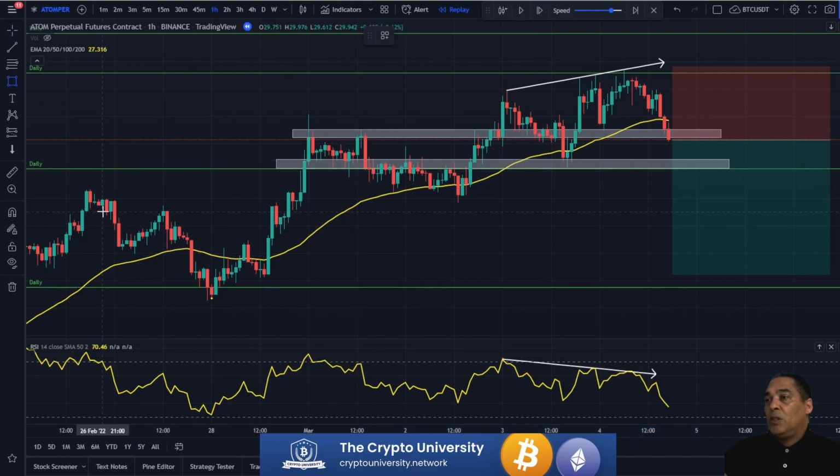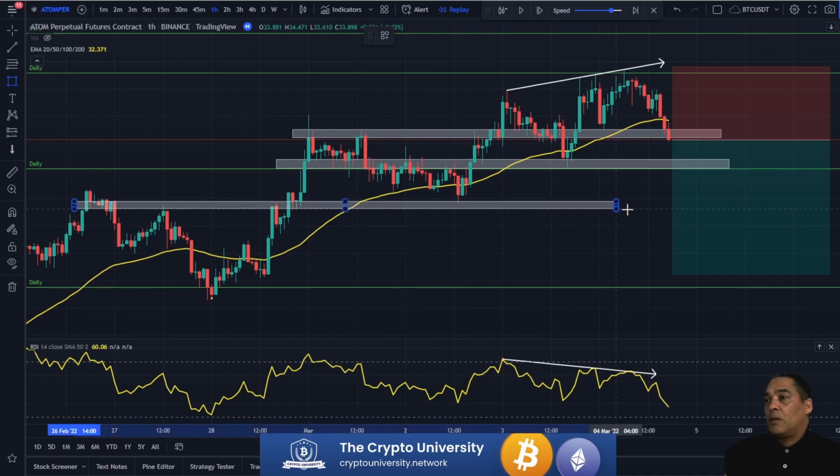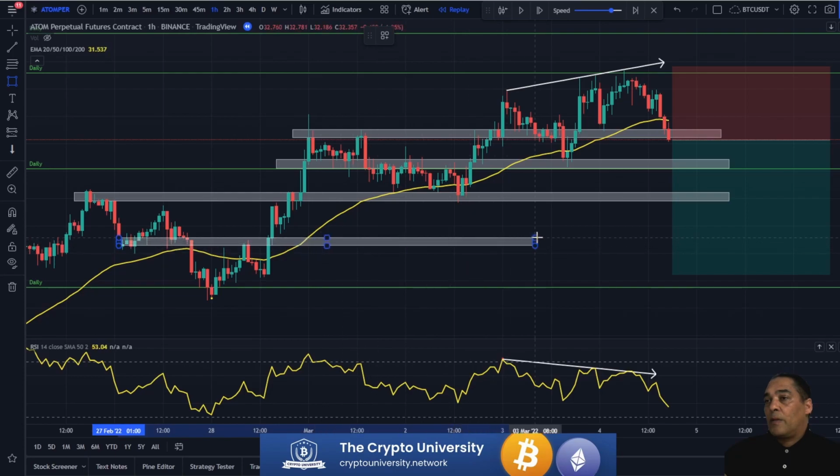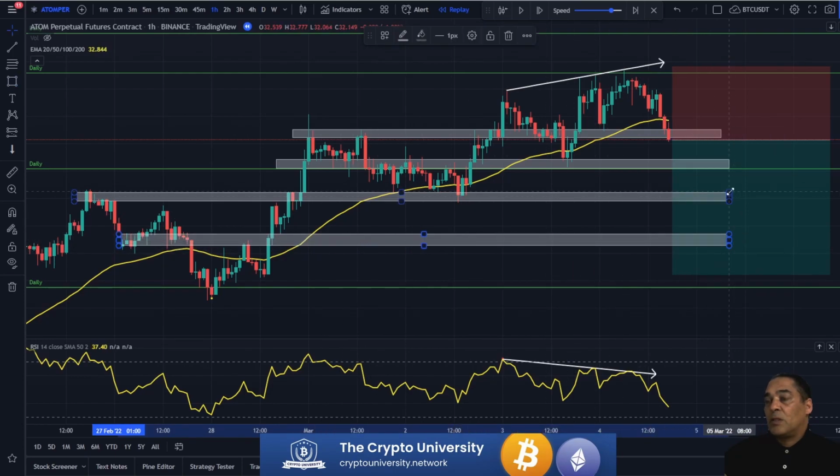Here we could see that price was rejected and acted as support as well. So that would be my second take profit. My third take profit will be based on this one. That support there and resistance.